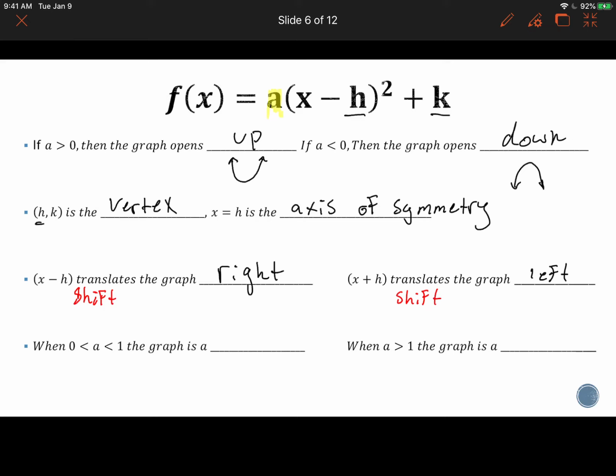Now, let's take a look at what happens when a is a number other than 1. Well, when a is greater than 0 but less than 1, the graph is a vertical shrink.